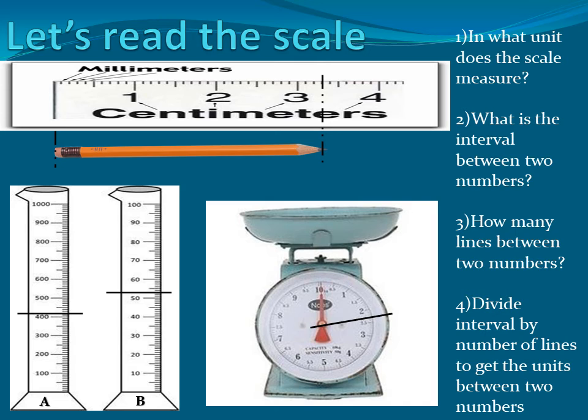But to make it easy for you, how many grams make 1 kilogram? Great job! 1,000 grams make 1 kilogram. That means the 1 you see there represents 1,000 grams if we convert it.